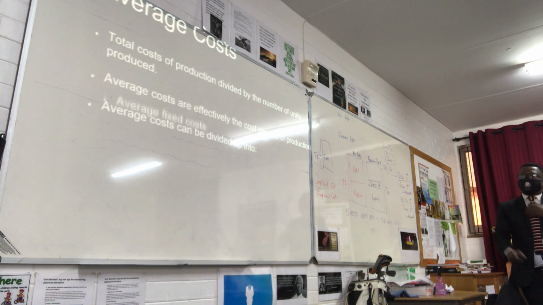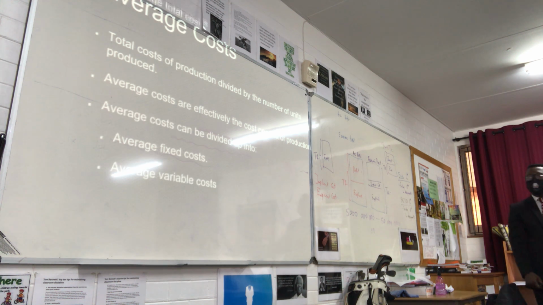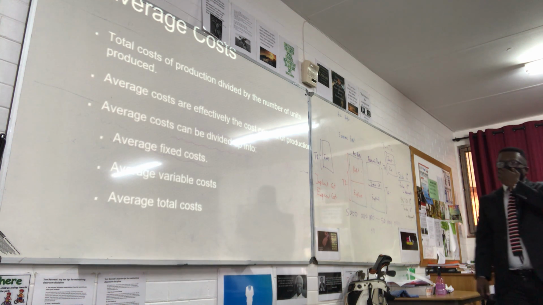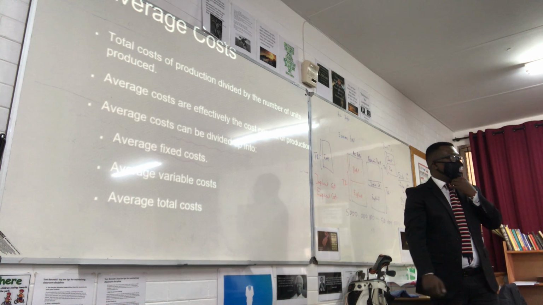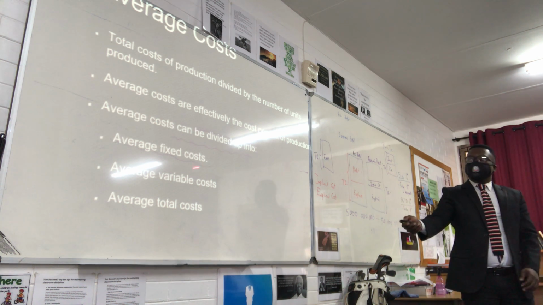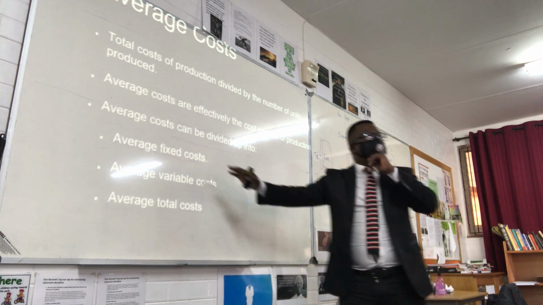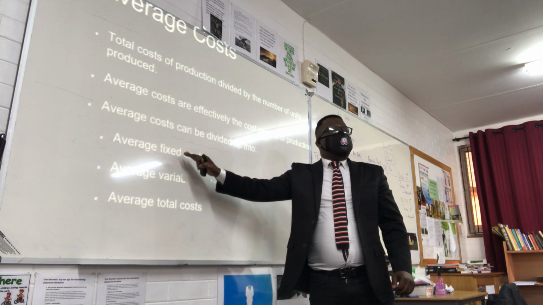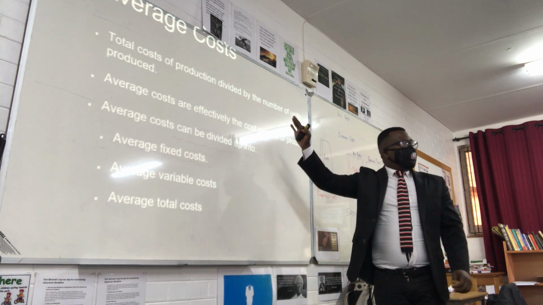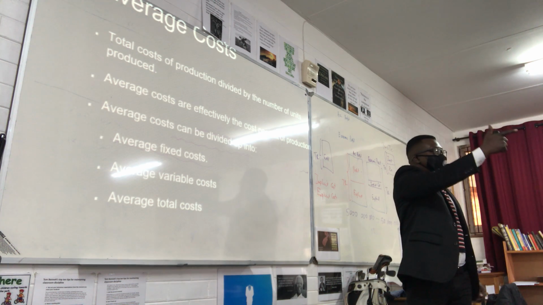Average costs can then be divided into the following: average fixed cost, average variable cost, and average total cost. So average fixed cost, the definition will be, Jyoti, how would you work out your average fixed costs? How do you work out the average of anything? I've asked that question. It was answered by Shivan.